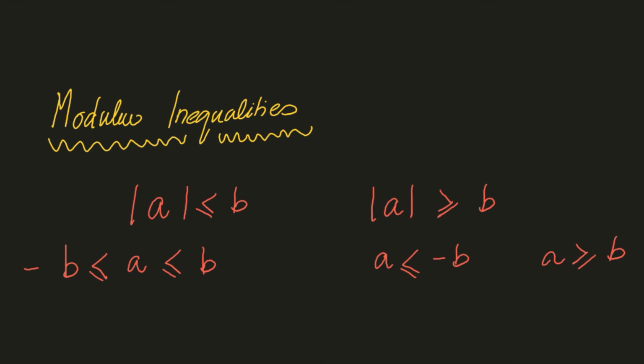When the modulus of a is greater than or equal to b, then this is how you will open it: a is less than or equal to minus b, or a is greater than or equal to b. These are two situations, and they are used to open the modulus function. It's preferable to remember this.